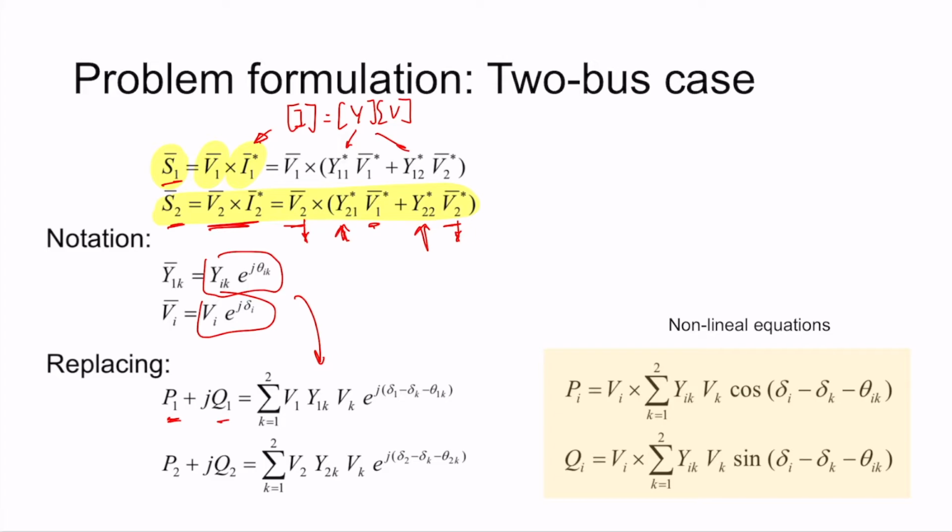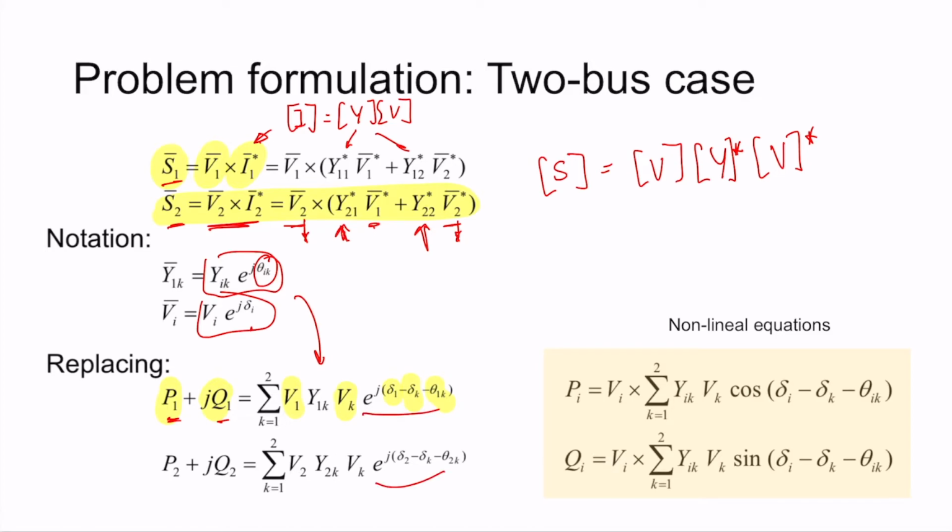This is just a formula, but it comes from this matrix form. So the nodal power vector is equal to voltage times Y times voltage. Here delta i and delta k represent the phase angle of the voltage elements, and theta ik represents this complex number in polar form.